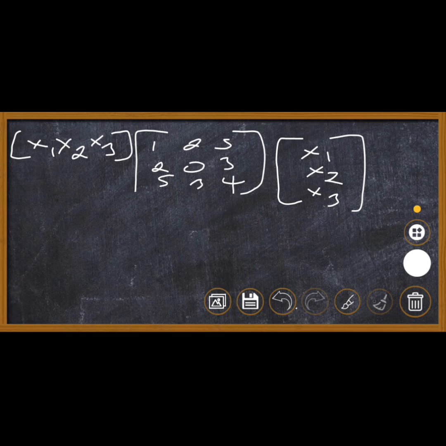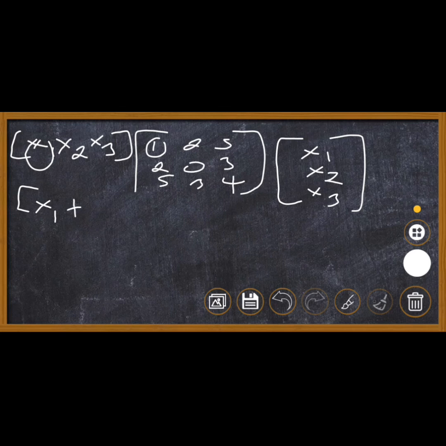The first thing now is to start multiplying these unknown values into the matrix. So what are we going to do now? We are going to multiply, and we know that you always multiply row by column. So x1 multiplied by 1, of course, we are going to have only x1.